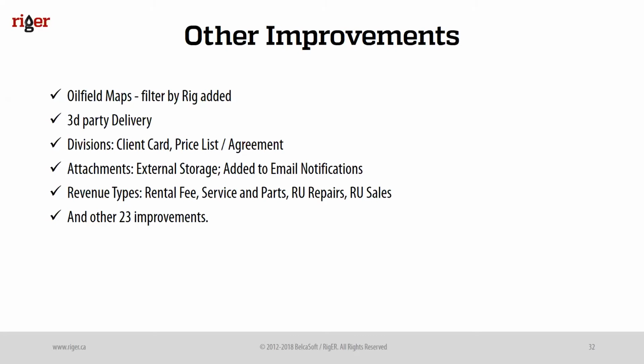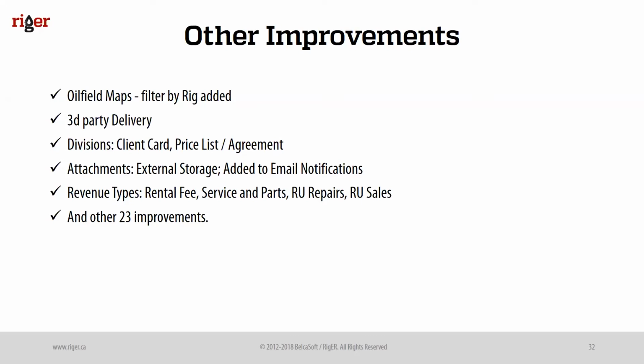We have added divisions. Divisions allow you to separate and allocate different clients by different criteria. It could be geographical division, it could be business model like construction or transportation, or let's say oil and gas companies.